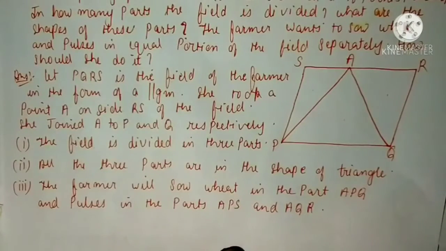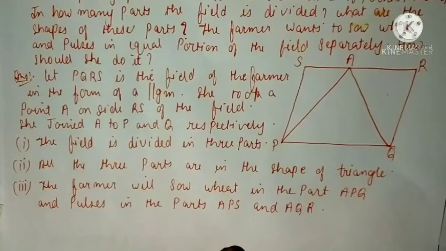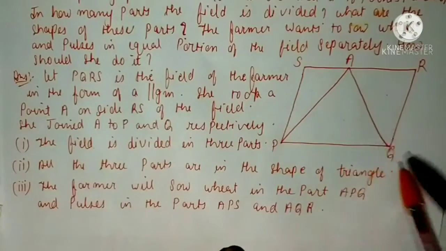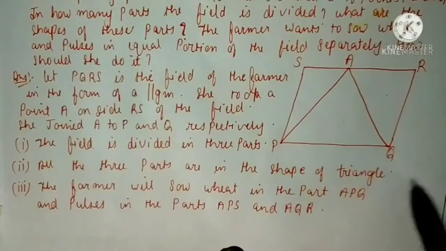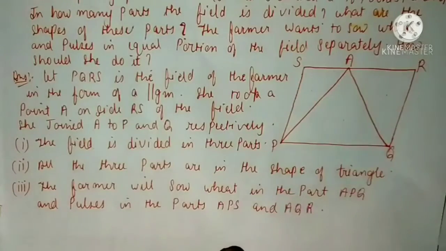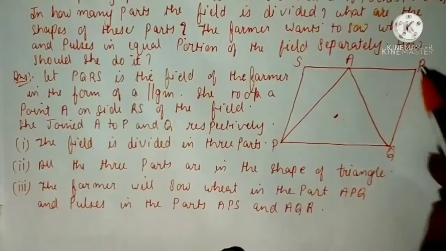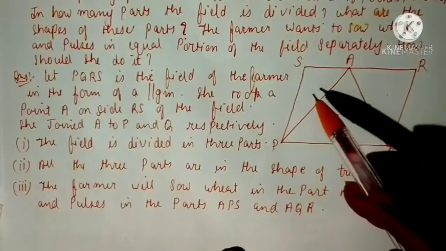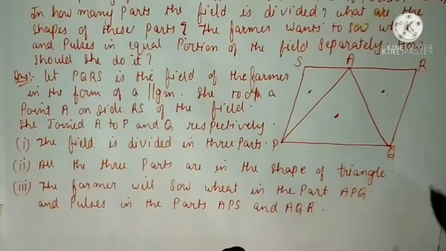Now the farmer wants to show wheat and pulses in equal parts separately. Okay, so we know that, see, this triangle and this parallelogram are between the same base PQ and between the same parallels PQ and SR. That means the area of this triangle, the center triangle, will be half of the area of this parallelogram. Okay, and these other two triangles will form the other half of the parallelogram.